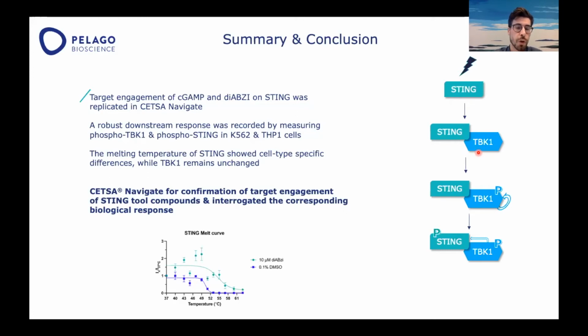So in conclusion, we used CETSA Navigate for confirmation of the target engagement of the STING2 compounds, and also interrogated the corresponding downstream biological response that is triggered upon target engagement.